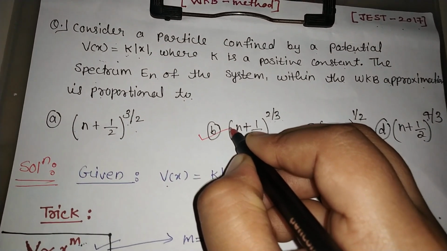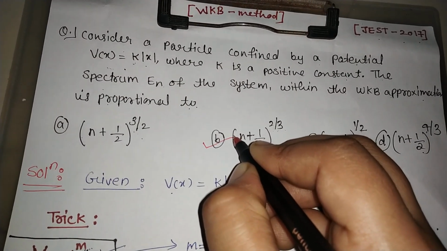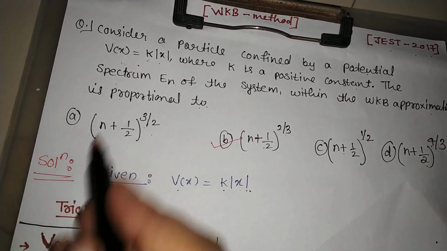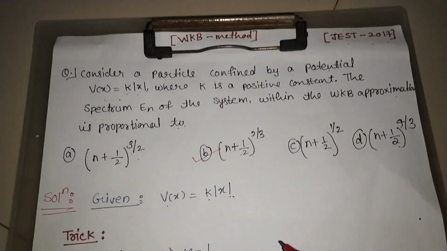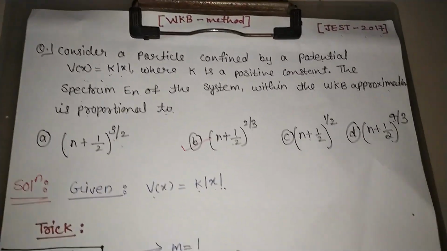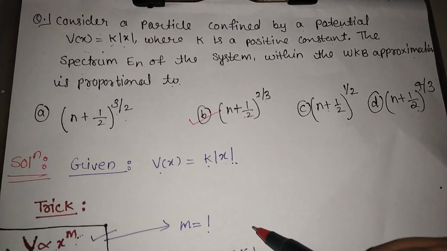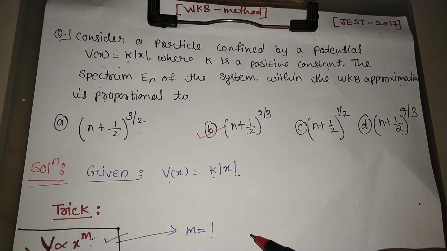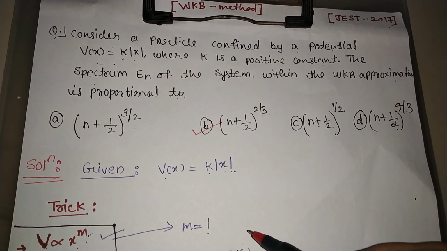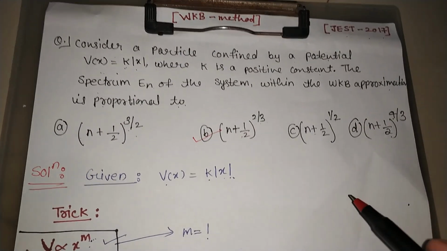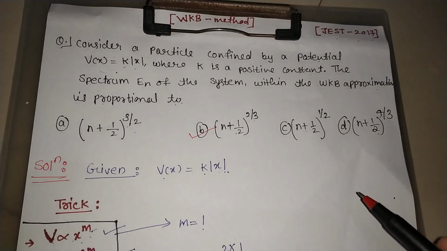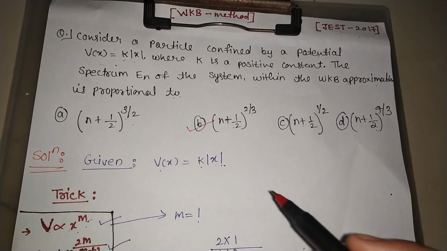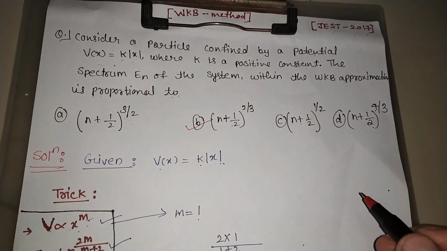Clear? So if we have a question of this kind, we can easily determine the answer by using the trick method. How to determine this with the traditional method, I have already explained in my previous videos, so you can watch those videos to solve this with the help of the traditional method.